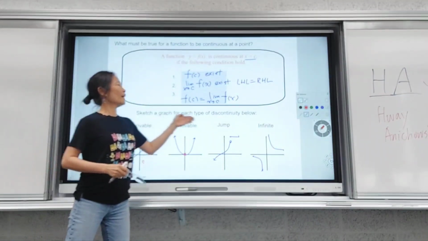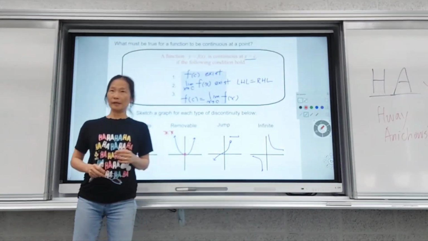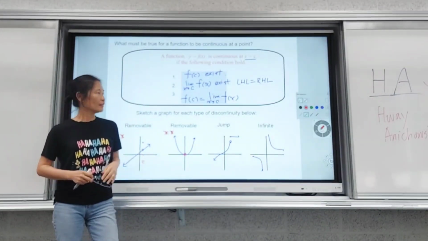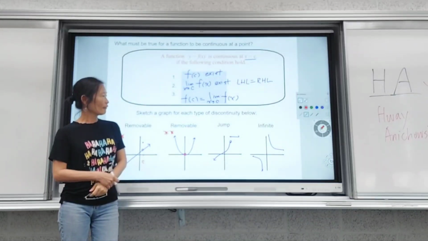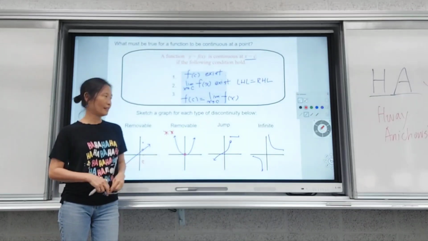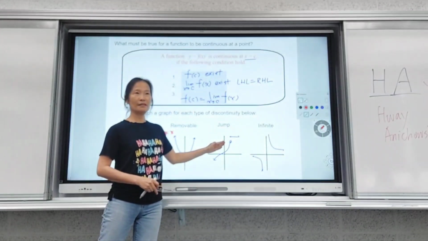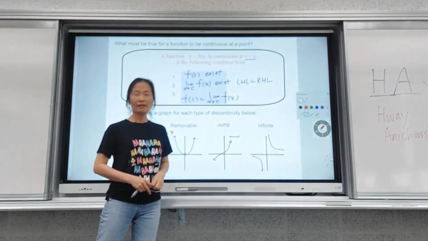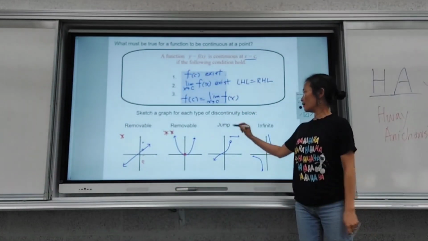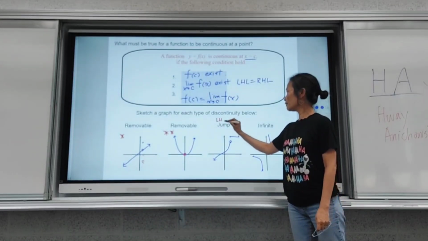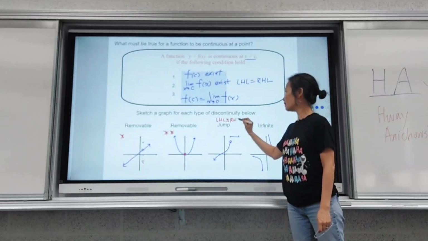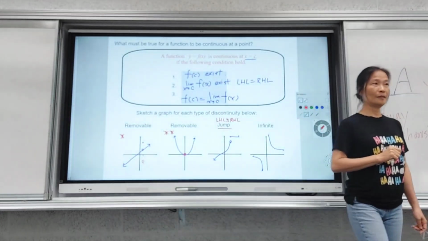If I want to define a jump discontinuity, we can use this to justify. Any jump discontinuity has a left-hand limit not equal to the right-hand limit. So for number 2, it doesn't matter if the value exists or not. If the left-hand limit doesn't agree with the right-hand limit, then it belongs to a jump discontinuity.